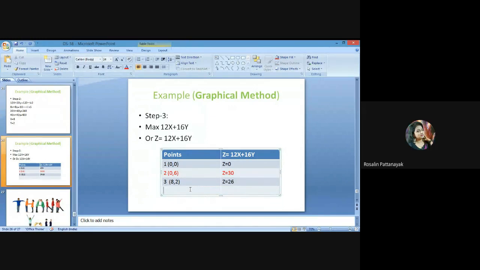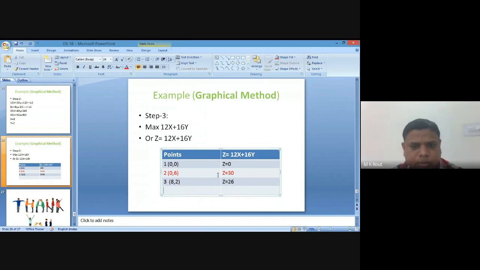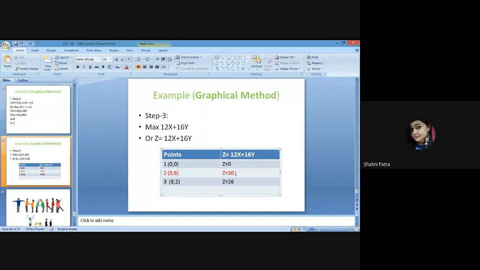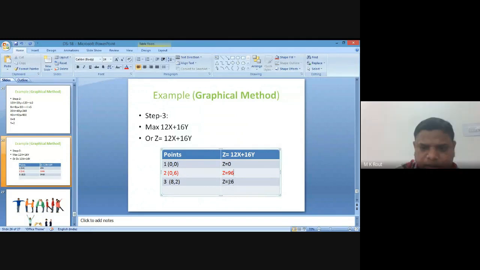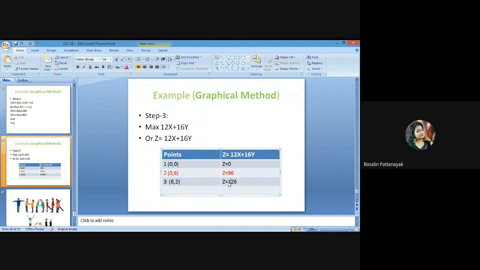Z is not 30 only; it is 96, 128, 120. How much? Z equals 96, then 128. Yes, sir. 128.